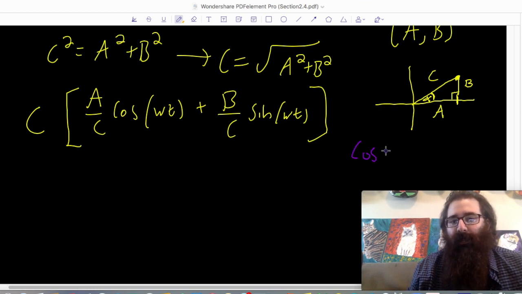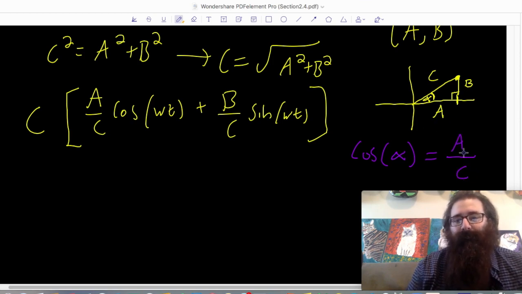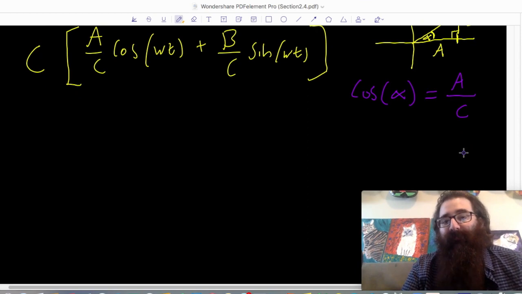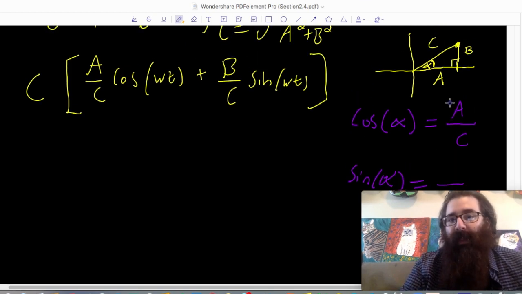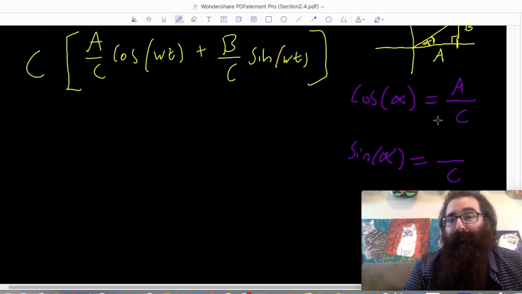That's cosine is equal to the adjacent over the hypotenuse. Now in this case, we're talking about angle alpha. So cosine of alpha is the adjacent over the hypotenuse. The adjacent side is a, the hypotenuse is c. We also have the soh from Sohcahtoa, which says sine of alpha is going to be the opposite over the hypotenuse, and here the opposite side of angle alpha is b.